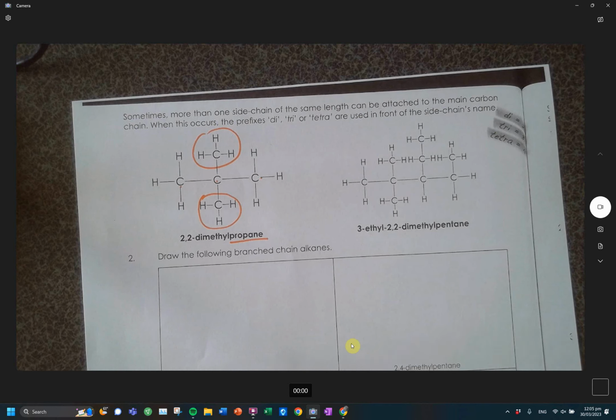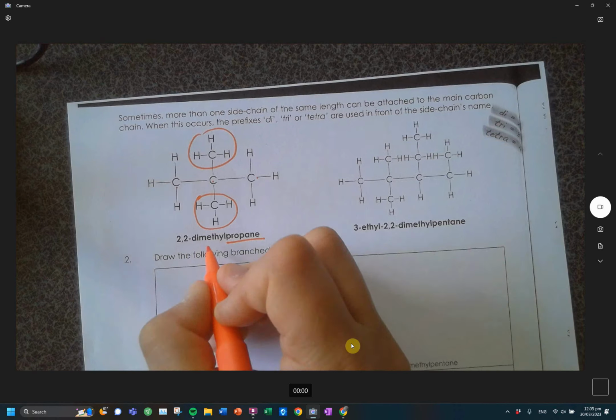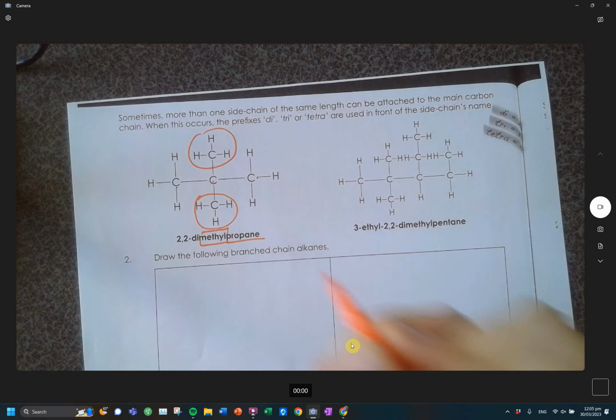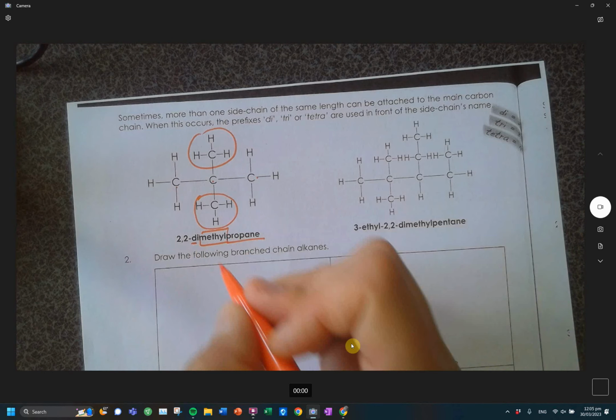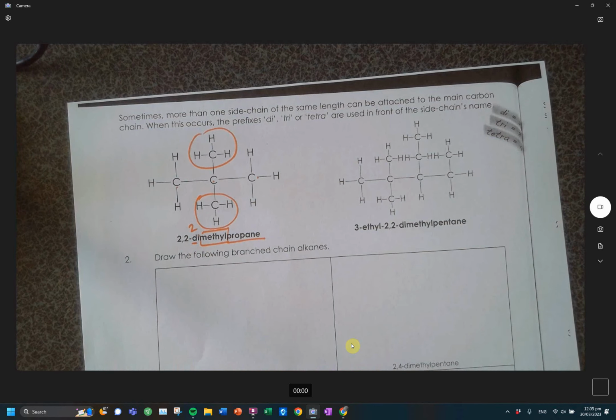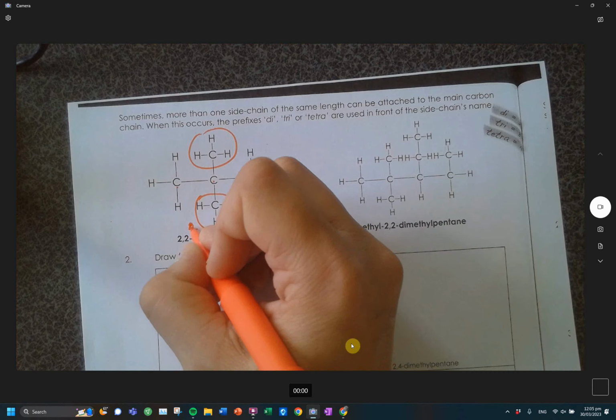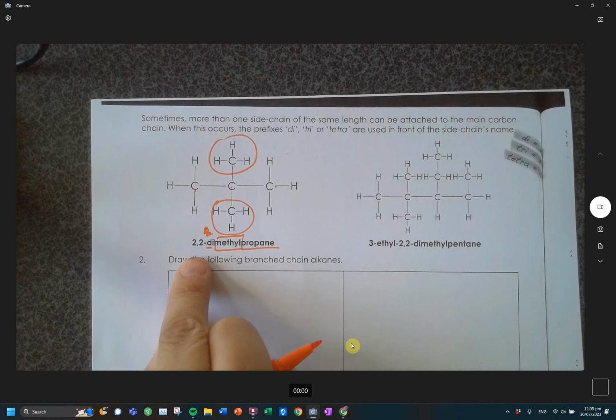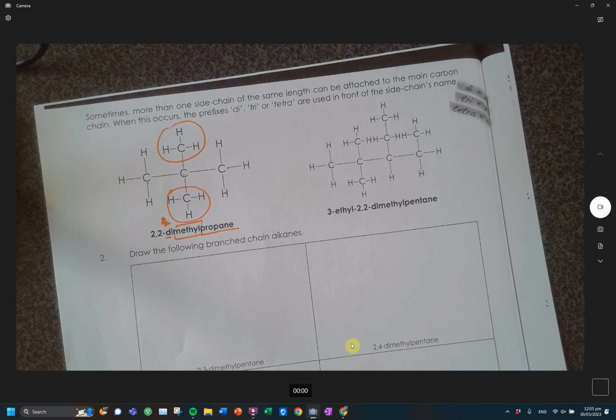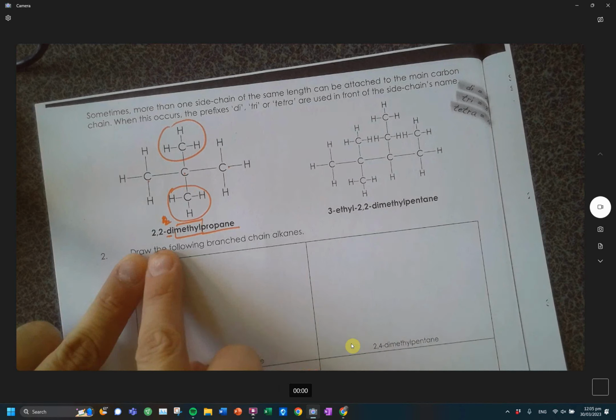Those branches are only 1 carbon long, so I call them the methyl grouping. So where does the di come from? The di is referring to the fact that you have 2 methyls. I have 2 methyl groups, and the numbers in front tell me where the methyl groups are located. So it tells me that it's located on carbon number 2.